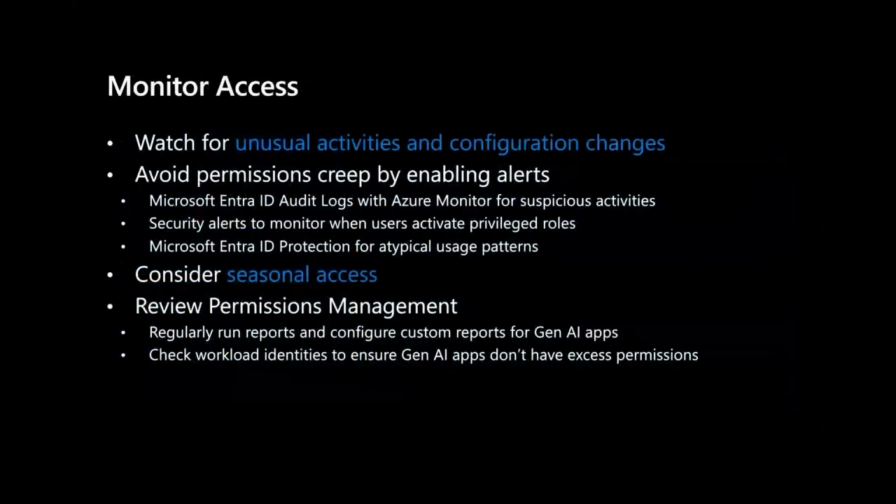Maybe we could trim down some of those roles, things of that nature. And also leverage identity protection for any sort of atypical usage pattern. If you're familiar with identity protection, you can monitor for user risk and sign-in risk. And so that's a great way to see if something is strange within the lifetime of the user, or if a sign-in is looking particularly funky and we might want to prompt for MFA or do some other controls based off of that.